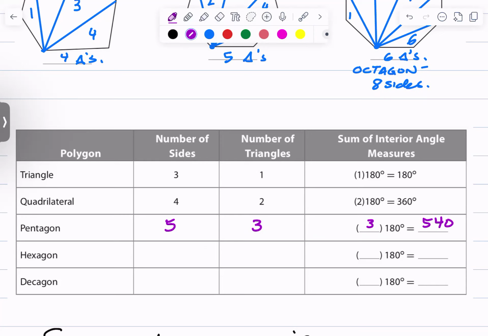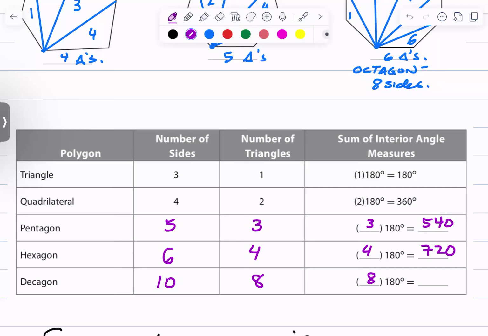Hexagon has 6 sides. It has 4 triangles. So 4 times 180 is 720. Decagon has 10 sides. How many triangles? I'm not going to try and draw a decagon. But how many triangles can it make with a 10-sided figure? 8 of them.